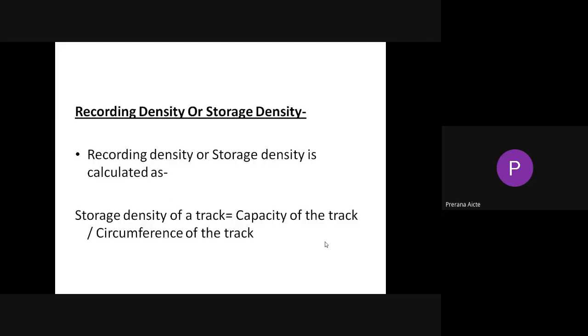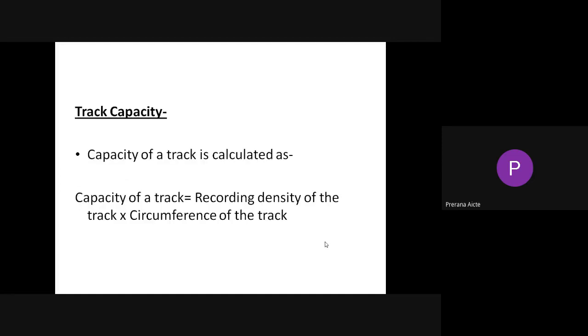Next one, recording density or storage density. Recording density of a track equals capacity of the track divided by circumference of the track. Next one, track capacity. Capacity of a track equals recording density of the track times circumference of the track.